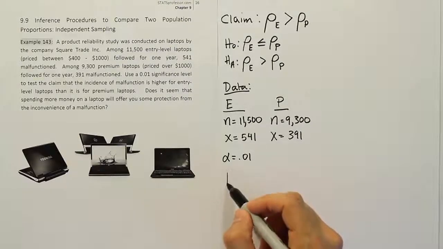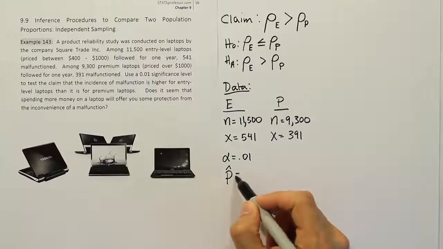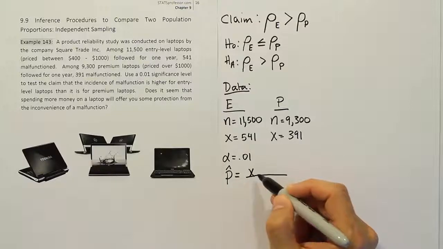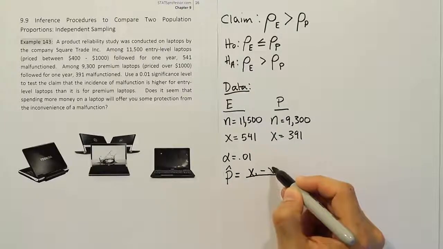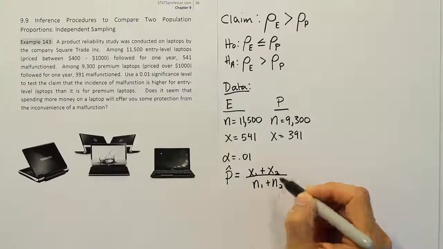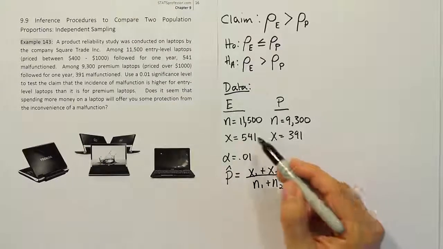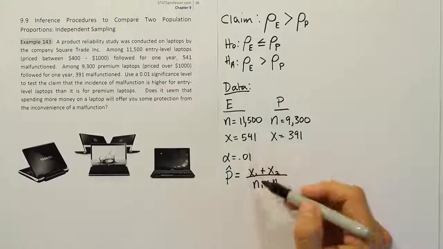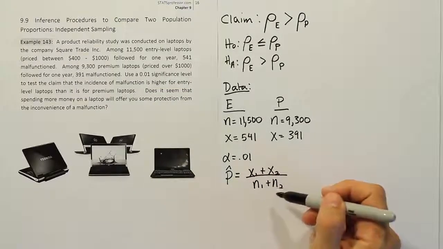The pooled estimator is this special p-hat formula, and p-hat is going to be defined as x1 plus x2 over n1 plus n2. So all this is, it's basically collecting all the malfunctions together on the top and dividing by the total sample size. So it's getting the overall malfunction rate for both.